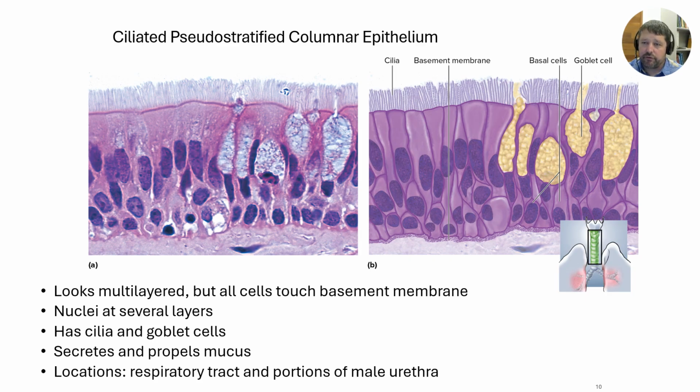So you have an association where you've got these column cells that are reaching the basement membrane, and then you have goblet cells that are excreting mucus, to help with the process of picking up particles and moving those particles out, so they're not abrading and damaging the cells themselves.